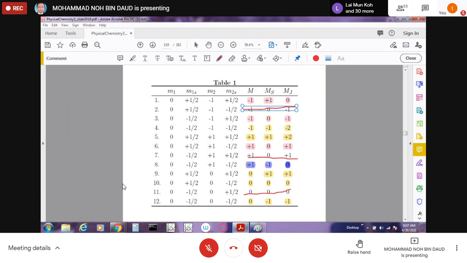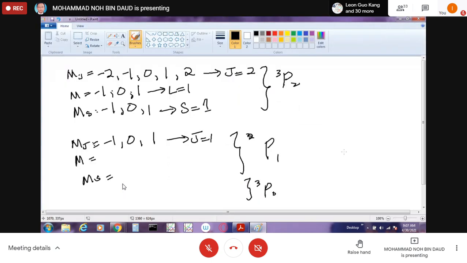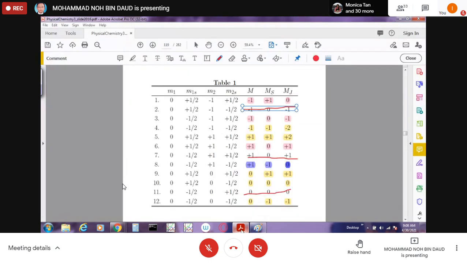Okay, these 3 rows will give MJ is negative 1 to positive 1. It will give J is 1.